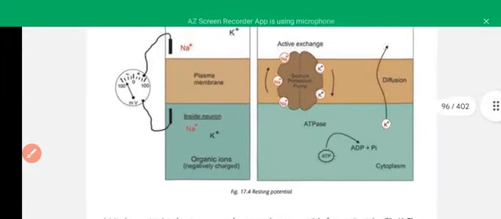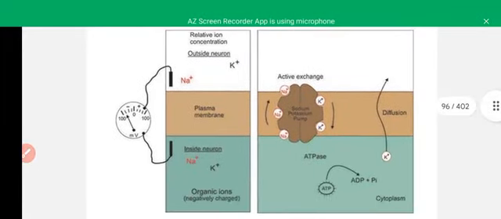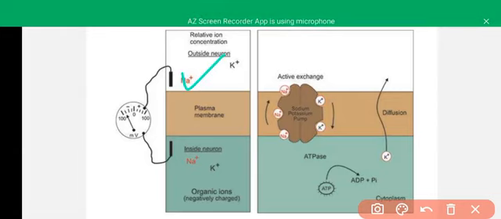Here is the explanation: more sodium is outside, less sodium inside, more potassium inside and less potassium outside.